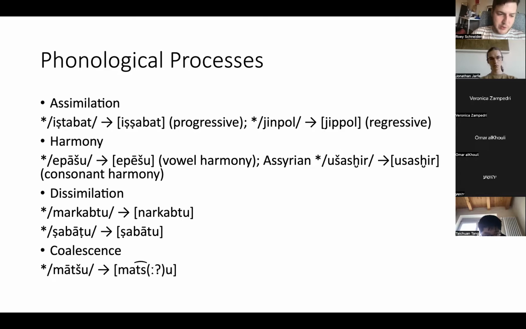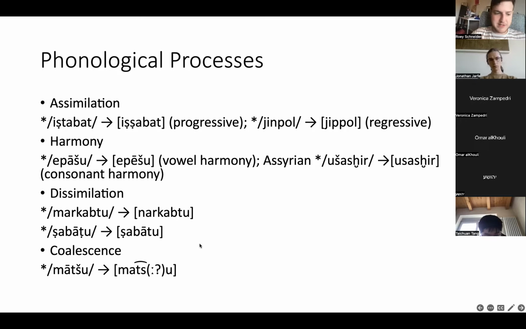And coalescence, we already mentioned this. It's when two sounds become one sound. It could be a merger, like a stop and a fricative becoming an affricate, or it can also be an average.